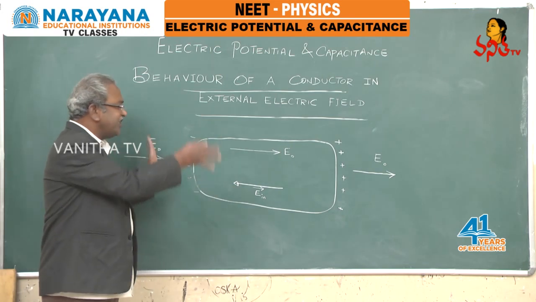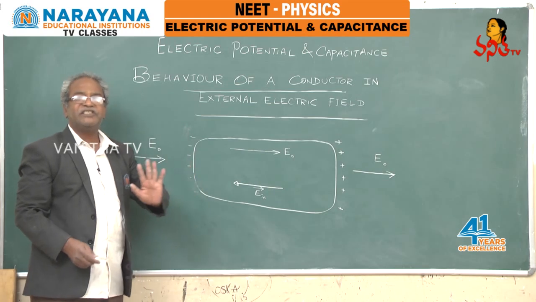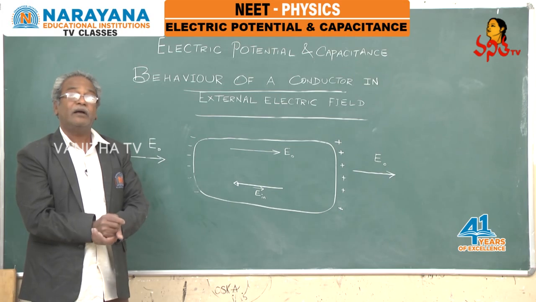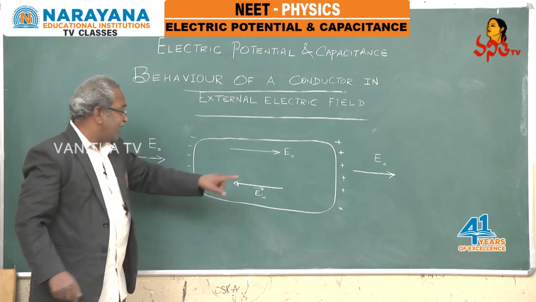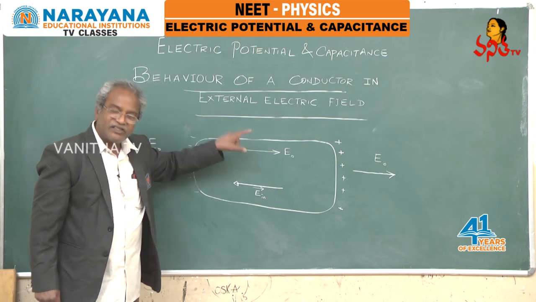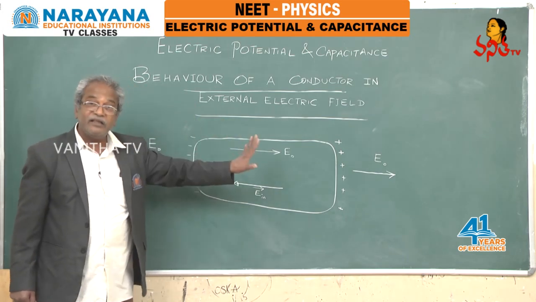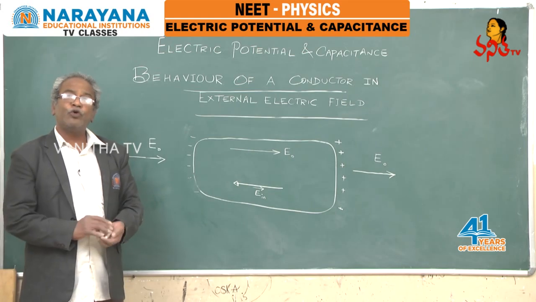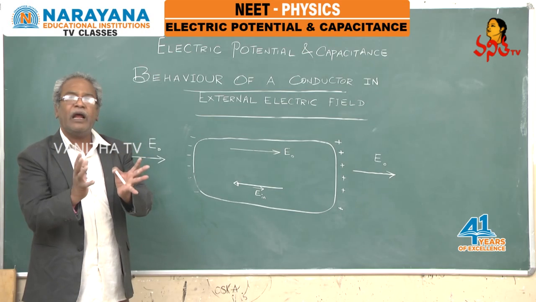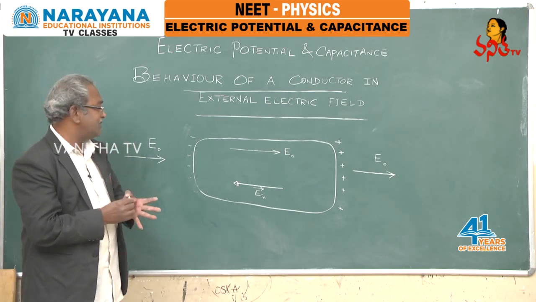The charge distribution in a metallic conductor will adjust in such a way that the induced electric field always cancels the external electric field inside the space of the conductor. So, inside the conductor there will be equal and opposite electric intensities.